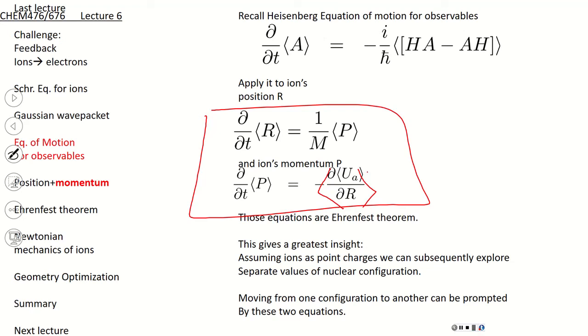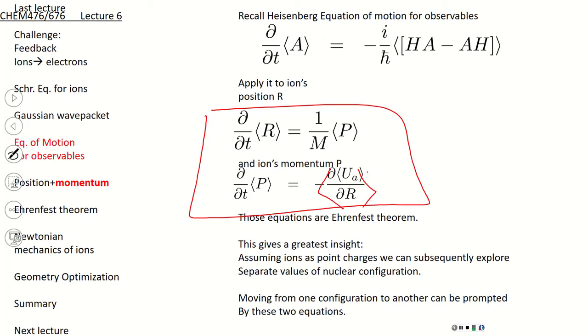So deriving these two equations, is that the whole point of today's lecture, or is there more? No. Now I'm going to jump back to the summary slide. If you apply a second derivative to the first equation, it will be the second derivative of position equal to the first derivative of momentum.